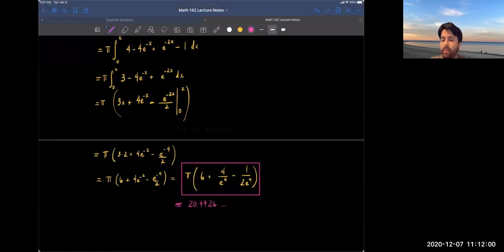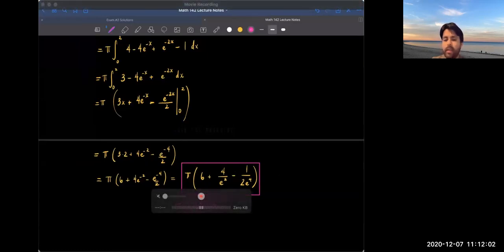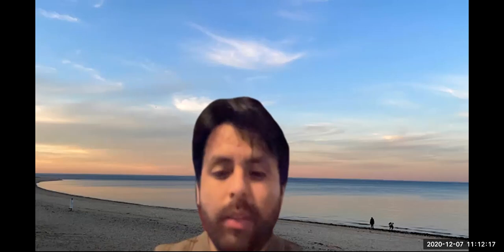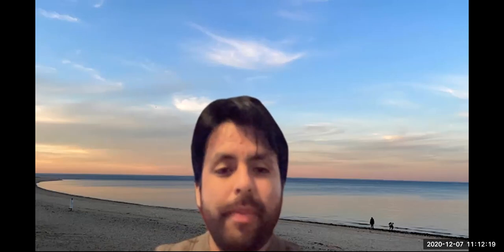So just to give you guys some more visualizations of this, we'll quickly open up Maple here. Has anyone actually downloaded Maple?